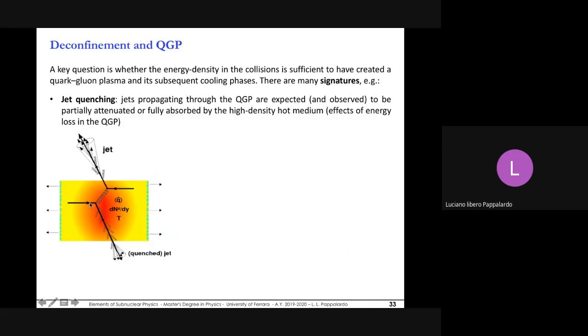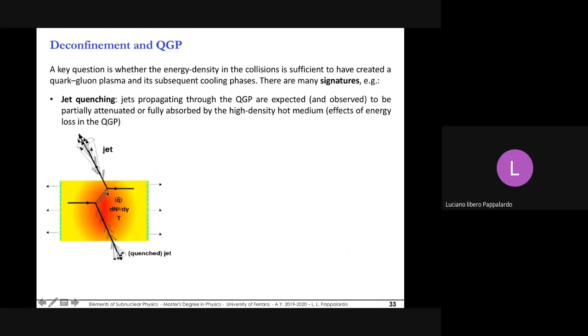Suppose now that you create two quarks propagating in the plasma, okay? At a certain point, they have to hadronize in the way we have discussed today, okay? And now, depending on where the quarks are created with respect to the volume of our quark-gluon plasma, they can be deep inside this volume, or they can be close to the periphery of the volume, okay?